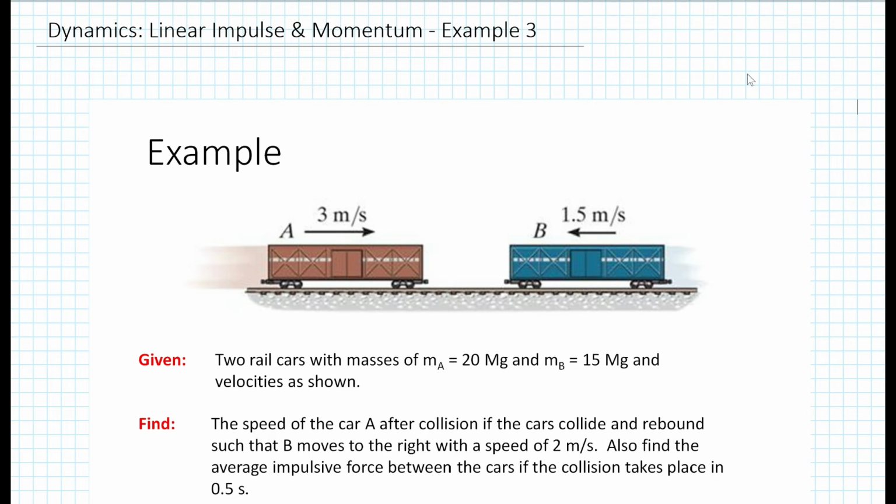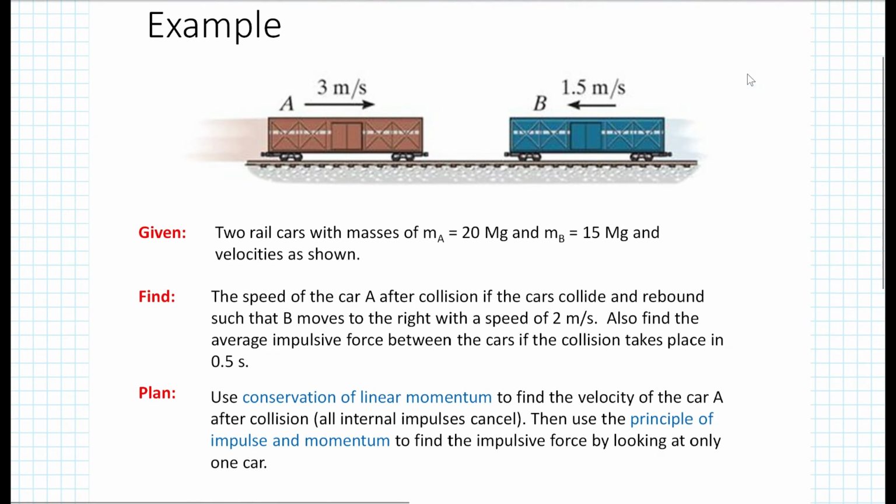We're also asked to find the average impulsive force between the cars if the collision takes place in 0.5 seconds. What's our plan? Our plan is to use conservation of linear momentum to find the velocity of car A after the collision, since all internal impulses cancel. Then we use the principle of impulse and momentum to find the impulsive force by looking at only one car.